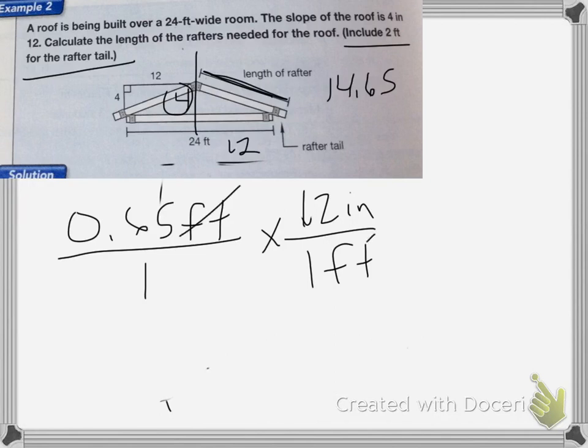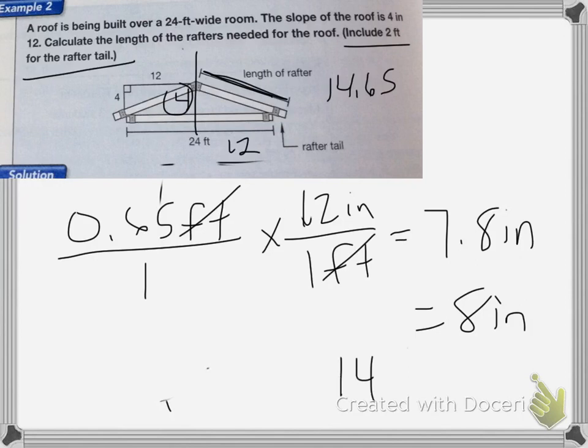Okay, feet would cancel, so we get 0.65 times 12 inches, which would be 7.8 inches. We would round this up to 8 inches. So the length of each rafter is about 14 feet and 8 inches long.